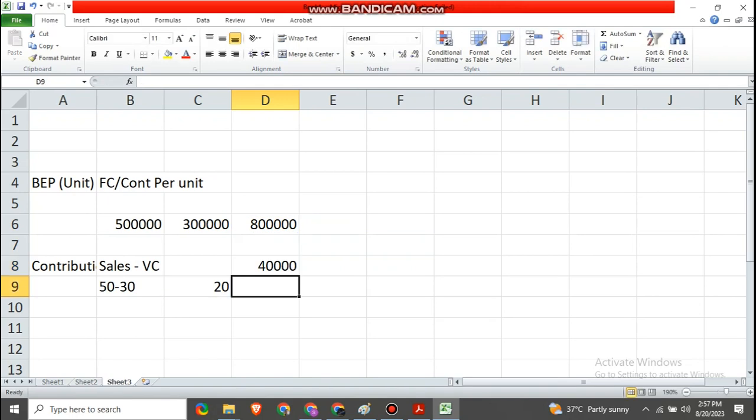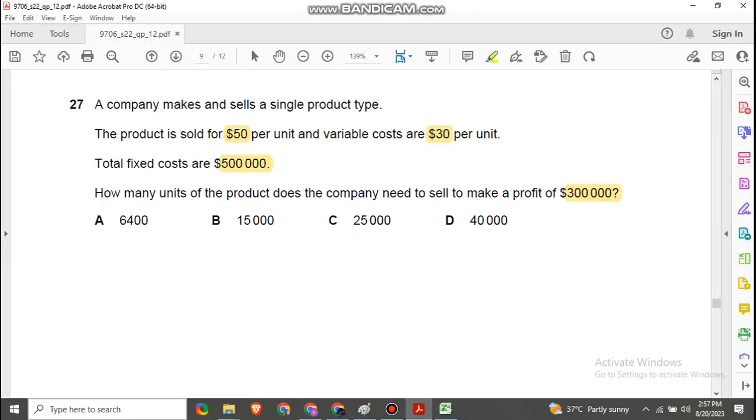If I produce and sell 40,000 units, I will be covering all the costs and also making a profit of 300,000. Let's see if we have that answer here. Yes, the answer is D, 40,000.